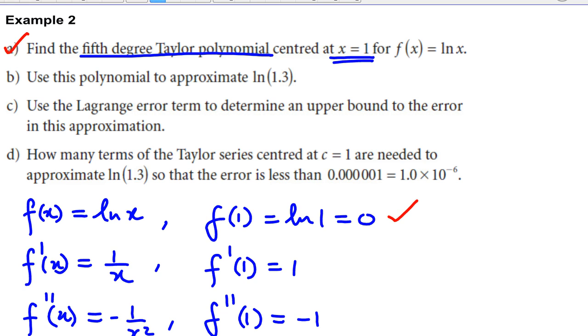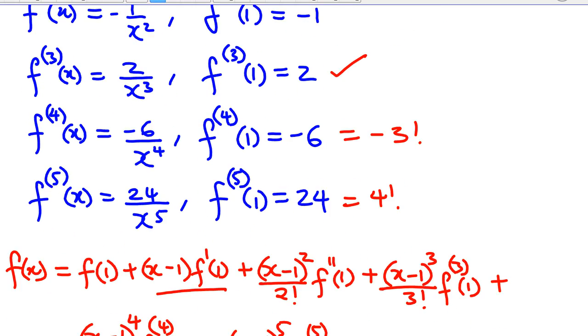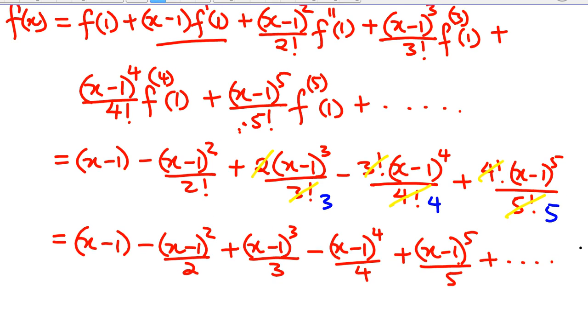So ln 1.3, what that means is you are going to plug 1.3 in place of x in this expansion.